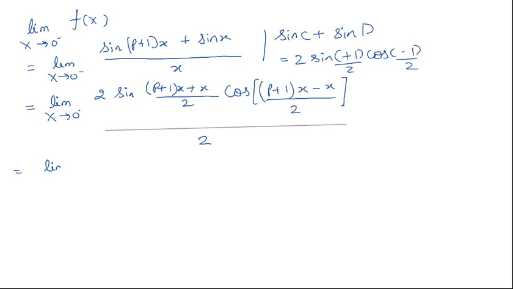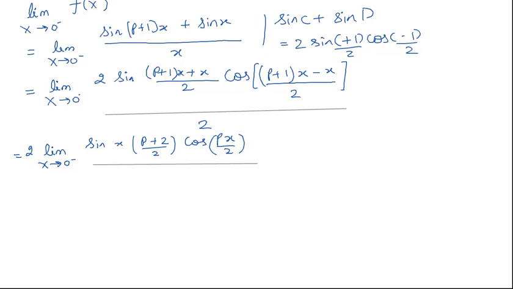That will give the limit as x approaches 0 from the negative direction of sin(x(p+2)/2) cos(px/2) divided by x.